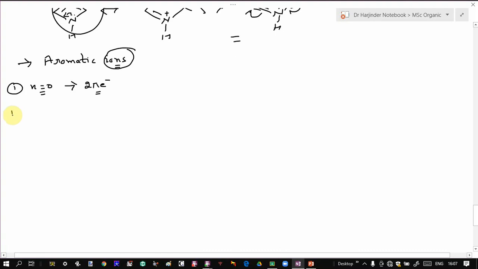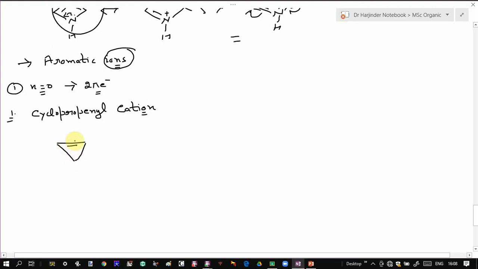The very first example is cyclopropenyl cation. Now suppose you have a cyclopropene. So this is cyclopropene.